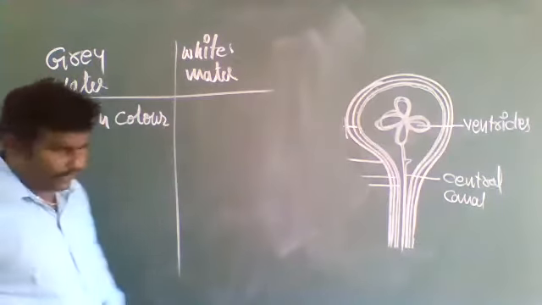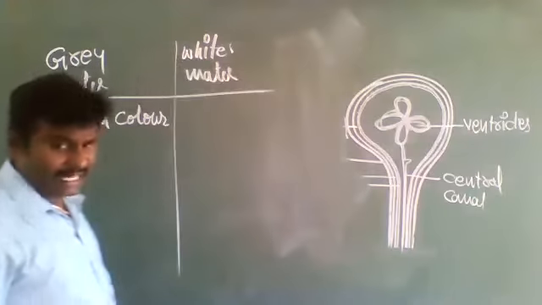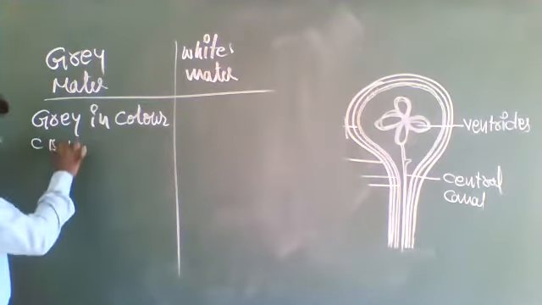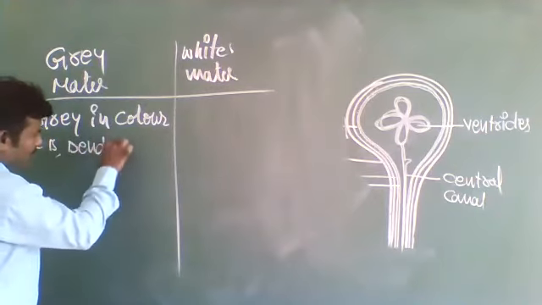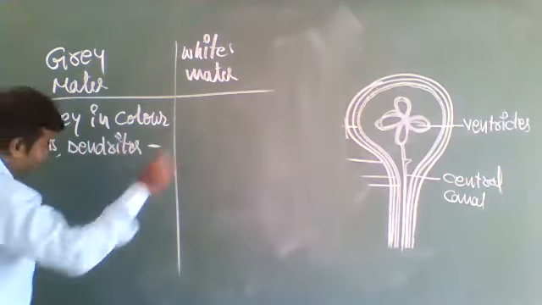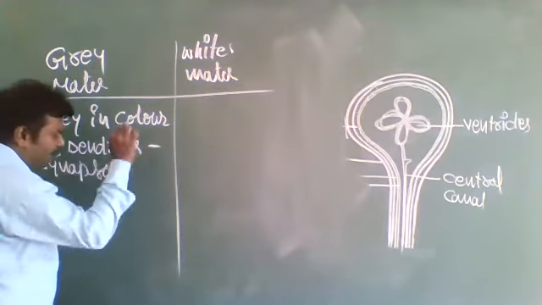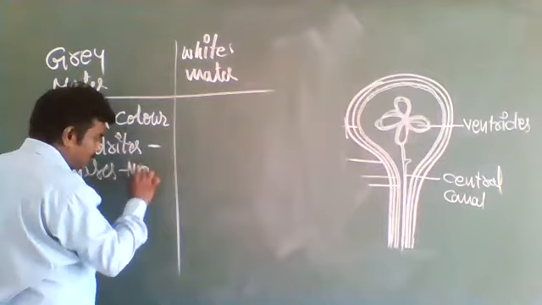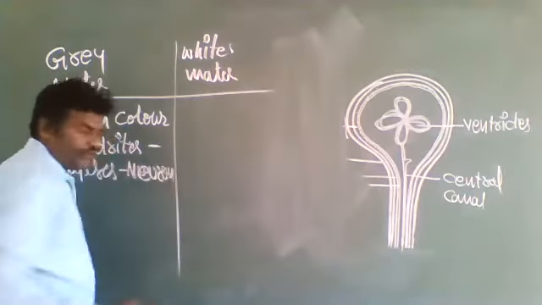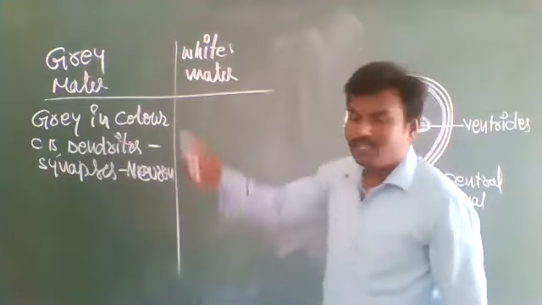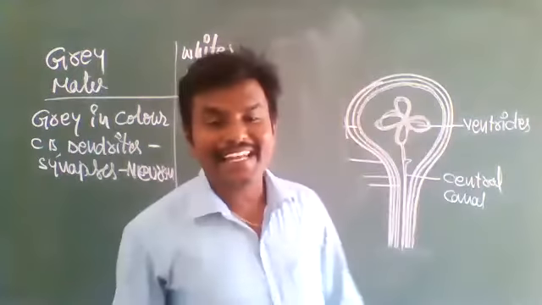Due to the presence of cell body, dendrites, and synapses of neurons, the outer surface of the brain looks gray in color.